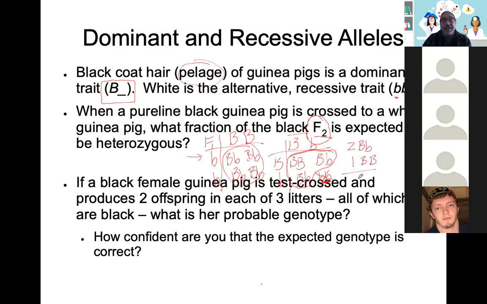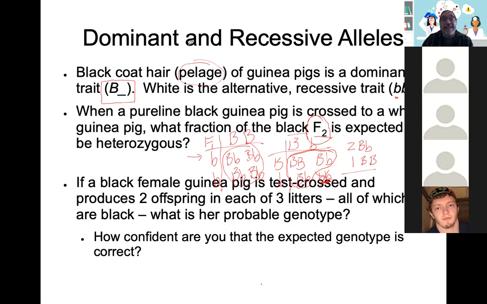So the correct answer, sorry, that was a little tricky not putting the correct answer in the poll. The correct answer, of course, is 2/3.